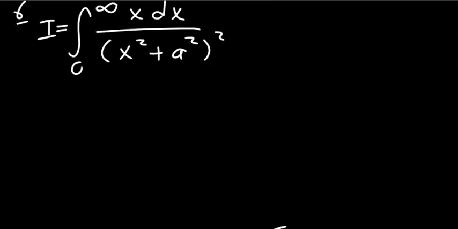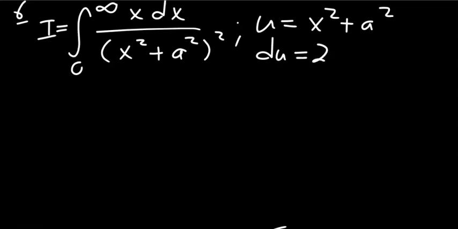Now let's look at the sixth integral. Again, you have infinity at the upper limit, and we can use the following substitution: u as x squared plus a squared. So du is 2x dx. Now let's work out the limits in terms of new variable u.